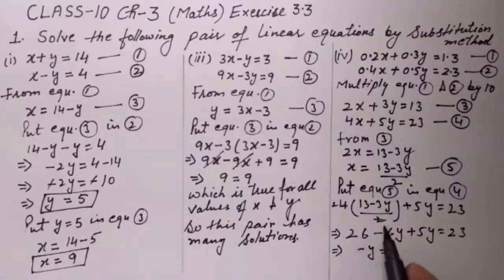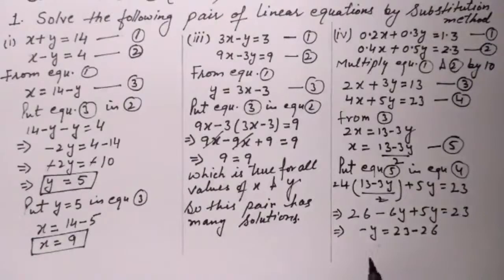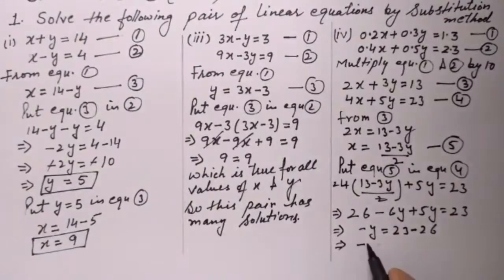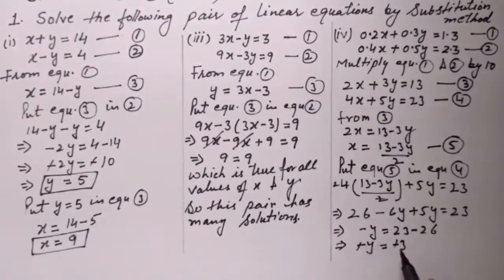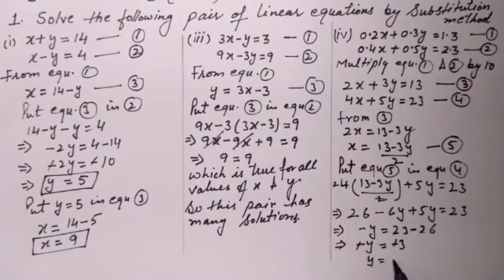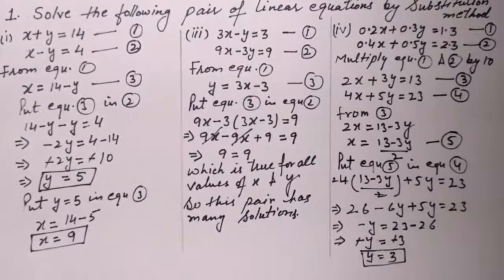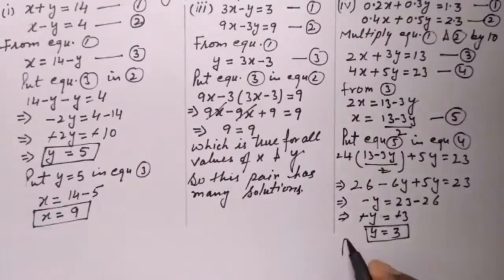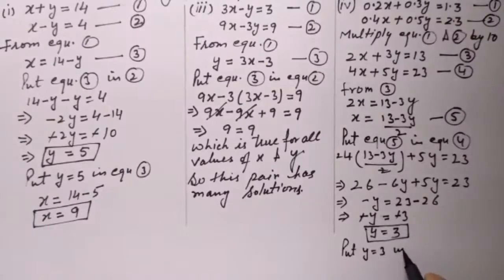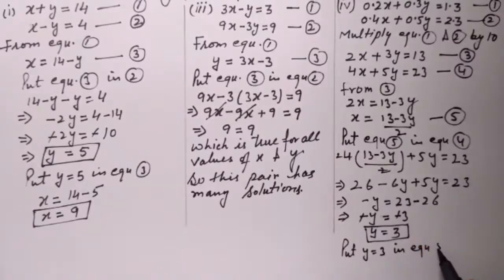Take this 26 to the right. So it becomes minus y is equal to minus 3. So minus minus cancelled, so y is equal to 3 is left here. Now I'll fill the value of y as 3 in equation number 5. So put y is equal to 3 in equation 5.